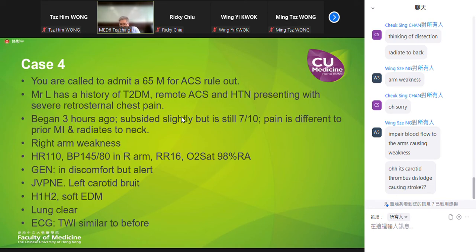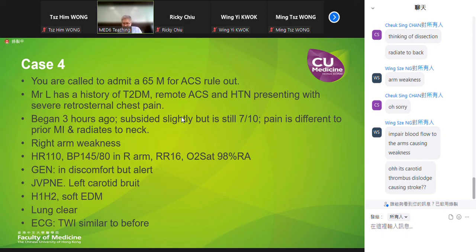If you think of dissection, can you explain everything you see here? When you extract information, don't just focus on the history, but try to incorporate everything. That's how you become a better clinician.